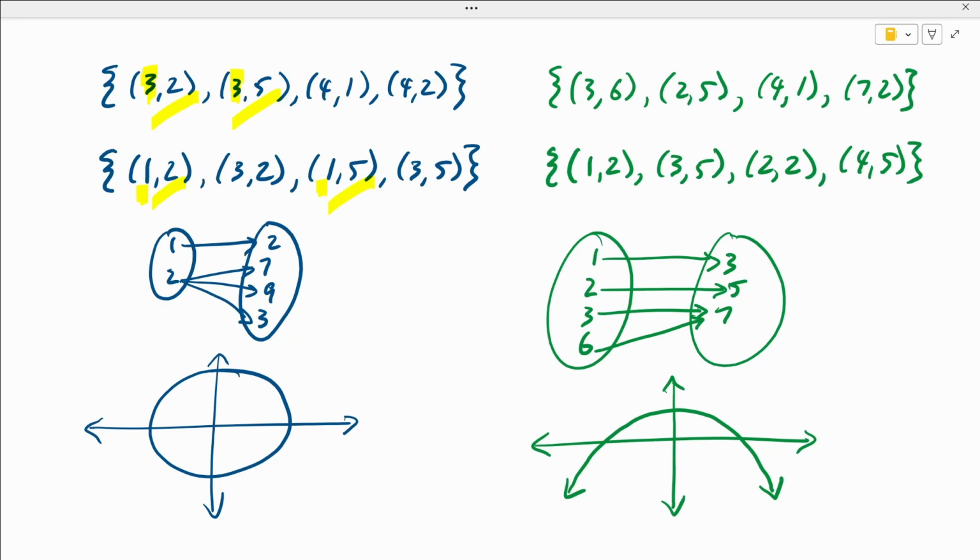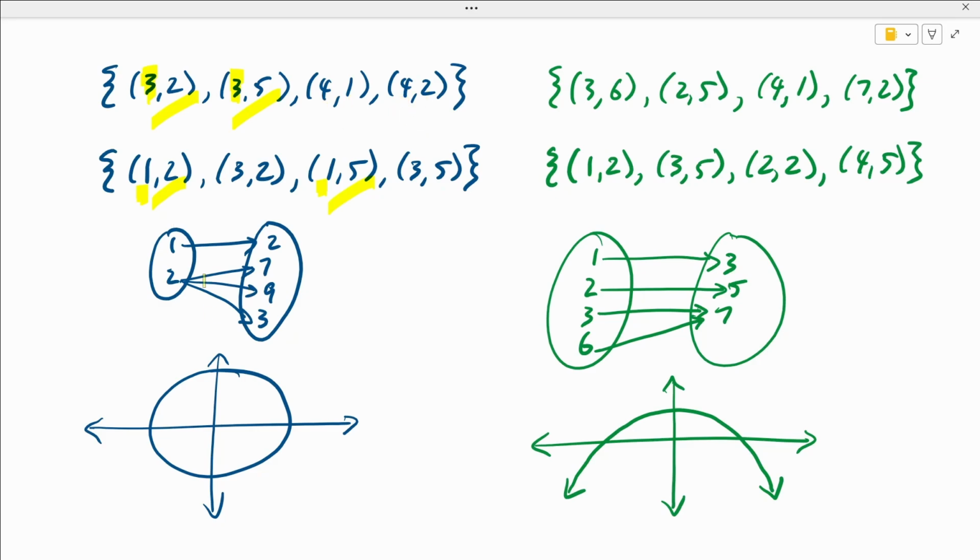Now, actually, in both of these examples, I have this happening twice. I also have 4 maps to both 1 and 2, and I have 3 maps to both 2 and 5. But the key point isn't that it happens twice. The key point is that there's at least one element of the domain that maps to more than one element of the range.